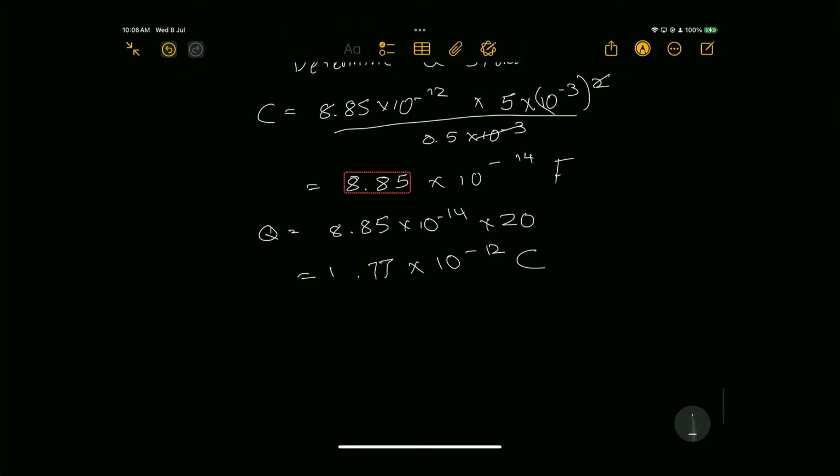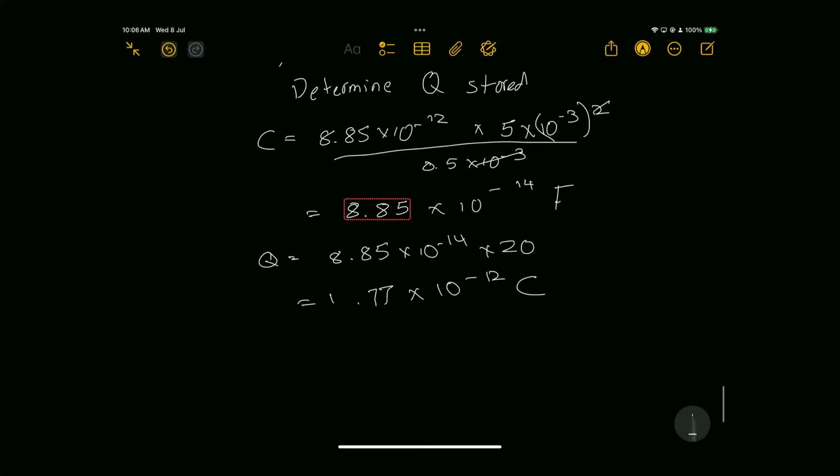So if we know a current of 0.5 amps flows through the resistor, with a potential difference of 20 volts, to calculate the resistance, we use Ohm's law, right?